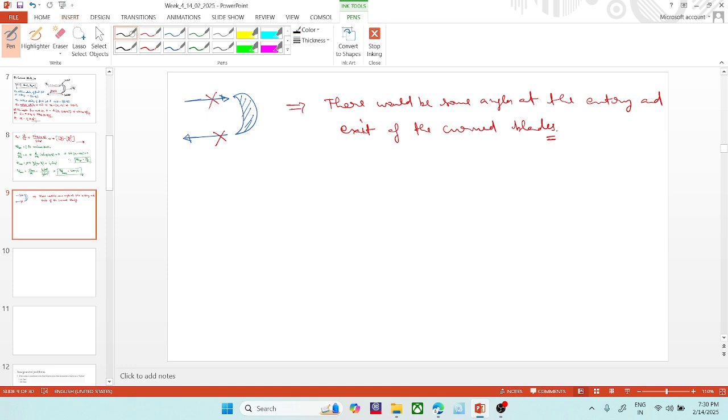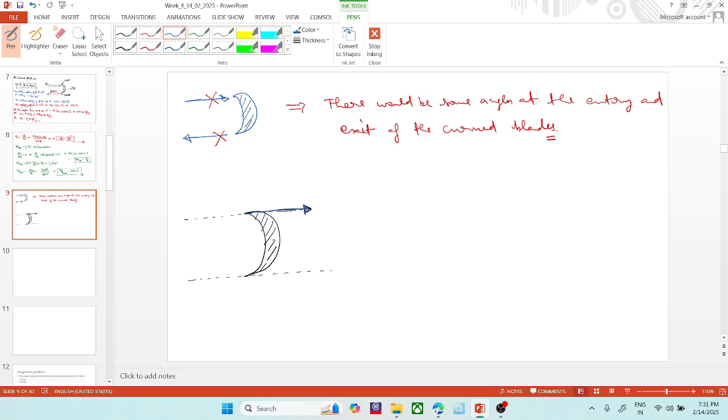Okay, let me take another color pen. And in the same figure, you will understand the velocity triangle. Like this is the single blade. I will make these horizontal lines. Let's suppose the blade is moving with velocity VB.